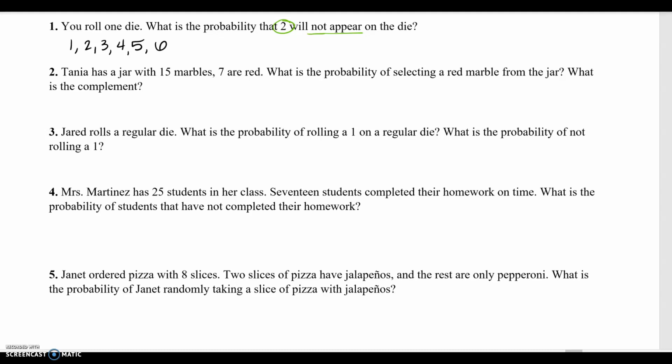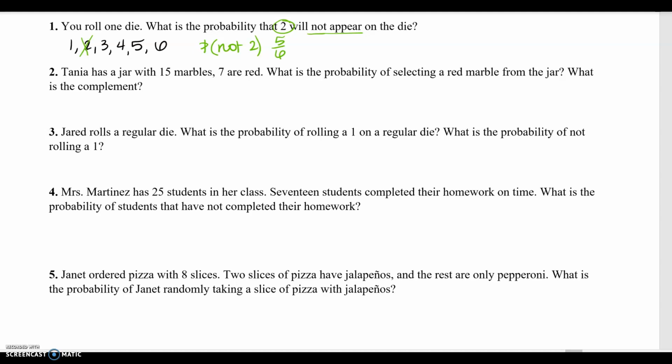And the probability that 2 will not appear. So I don't want 2. I want anything but 2. So 1, 2, 3, 4, 5. So probability of not 2 is 5 out of 6 sides.